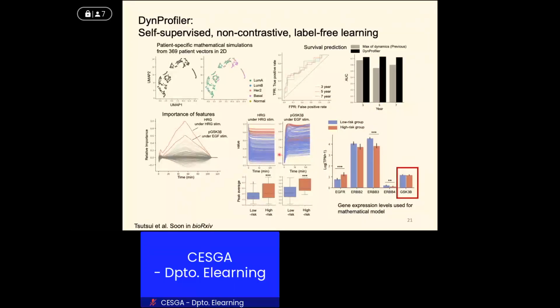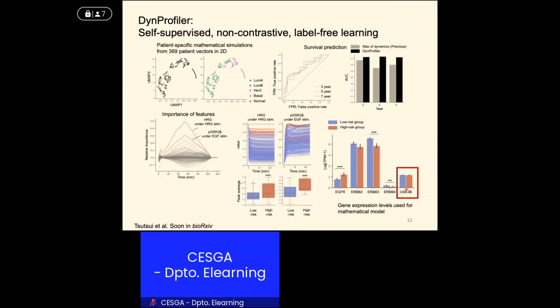And from this analysis, we found that the kinase called GSK3 beta can be a good marker for high-risk TNBC patients. And he compared the transcript level of GSK3 beta, because we can see this data from the TCGA data itself.